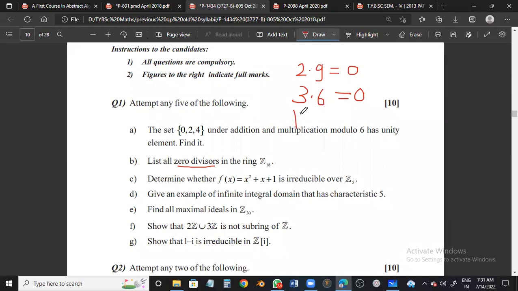But 18 is not a member actually, Jyoti. 18 will be read as 0, so I can't take it. Anything else? You can have multiples of 18, like 6 into 6, how much? 0. 36. Yes, 4 into 9.